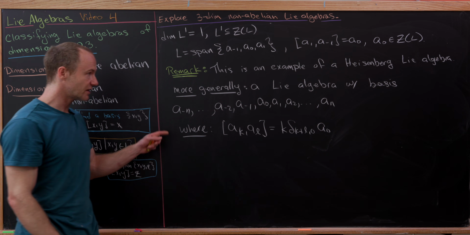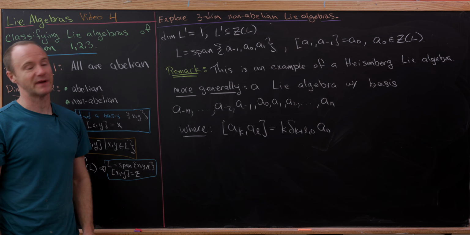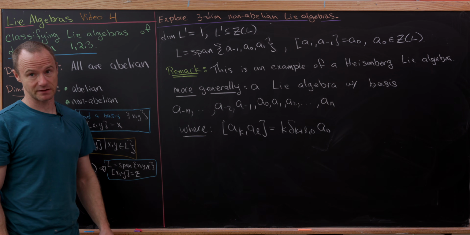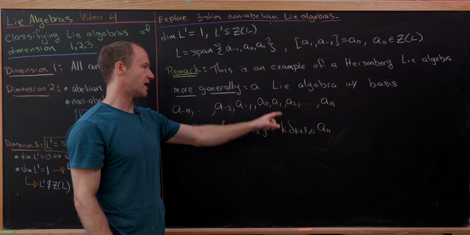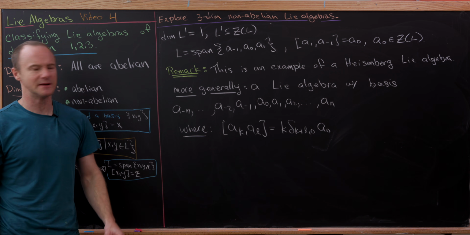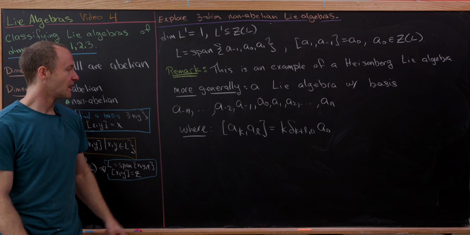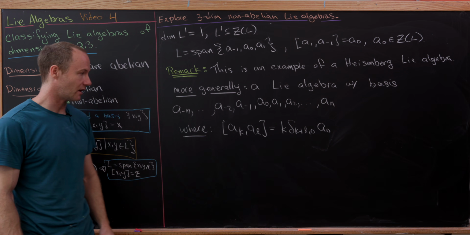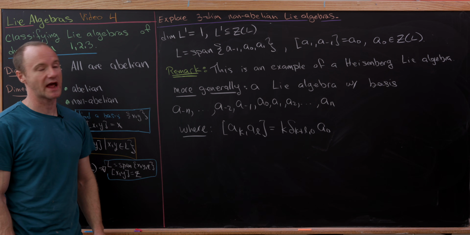But more generally, a Heisenberg Lie algebra is a Lie algebra with the following basis. So notice it's a minus n, the next one would be a minus n plus 1, all the way up, a minus 2, a minus 1, a0, a1, a2, all the way up to an. In fact, this could be infinite dimensional if you wanted to. And the bracket relations are bracket ak with al is equal to k times delta k plus l, 0, times a0.